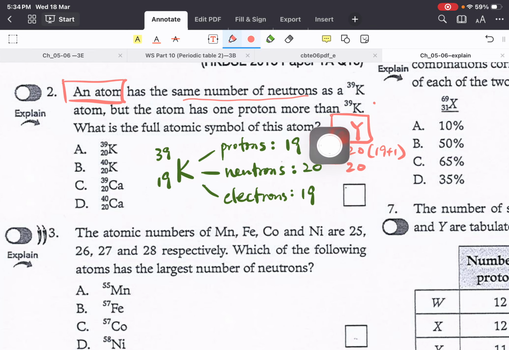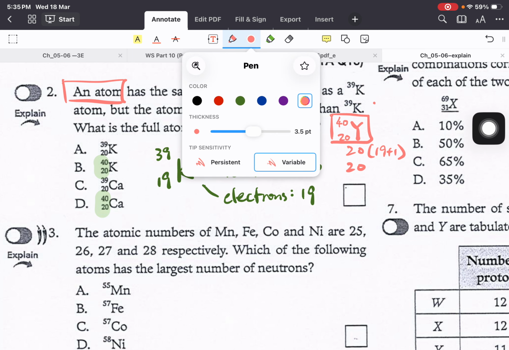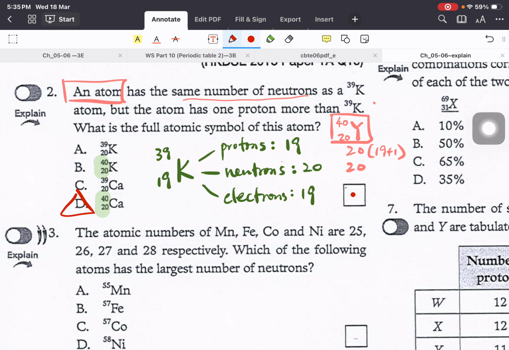And then mass number equals protons plus neutrons equals 20 plus 20. That is 40. So it should be 20, 40. But we have two choices. Which one is it? Atomic number 20, it should be calcium. So the answer should be D.